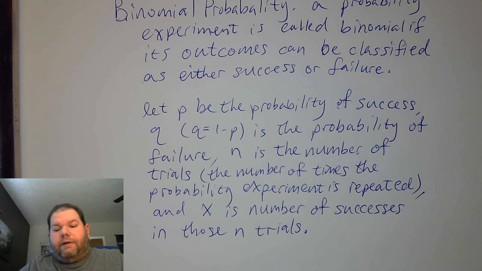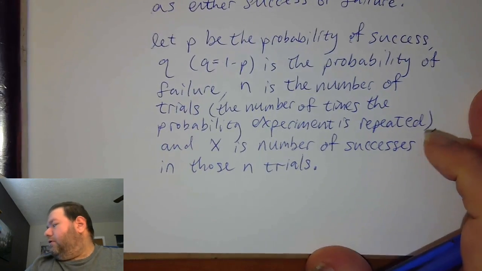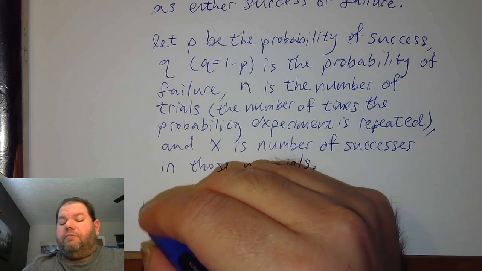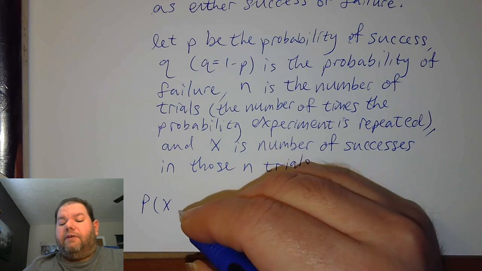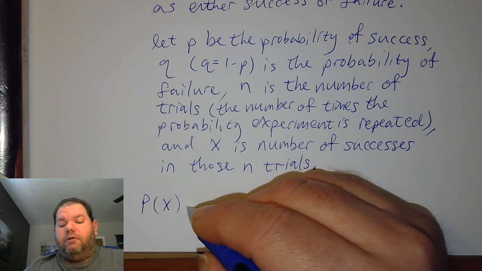So that sets up our notation. We have P, probability of success, Q, probability of failure, N, number of trials, and X, the number of successes in those N trials. And so what binomial probability will help us find is the probability of X successes in N trials.